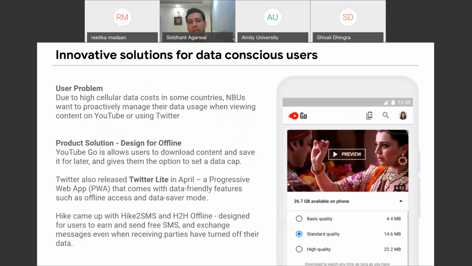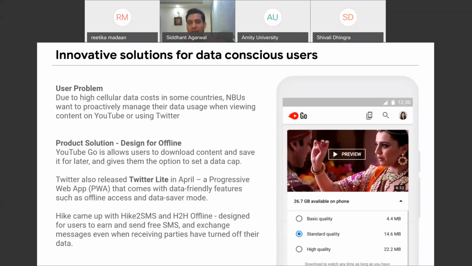YouTube came up with a feature called YouTube Go, and it's there in your usual YouTube application as well. YouTube Go was basically a variant created to help entry-level devices.